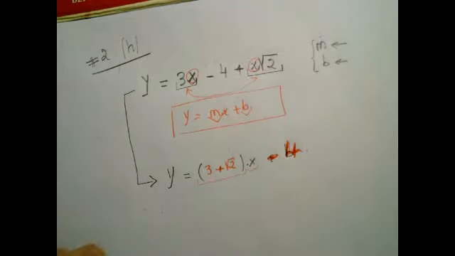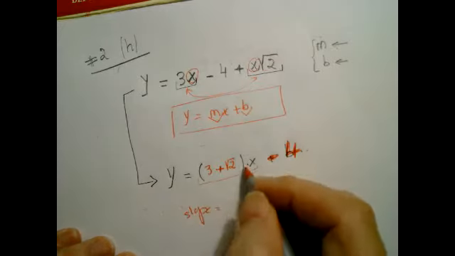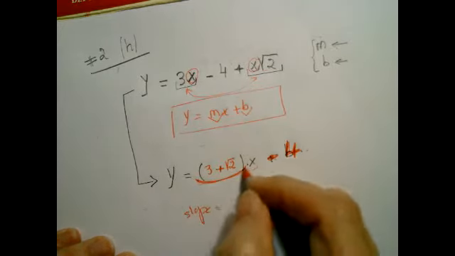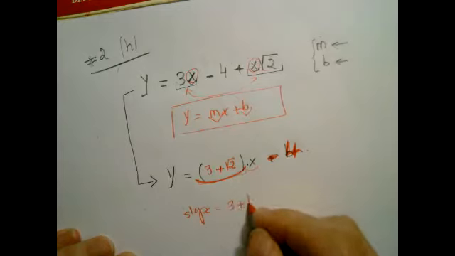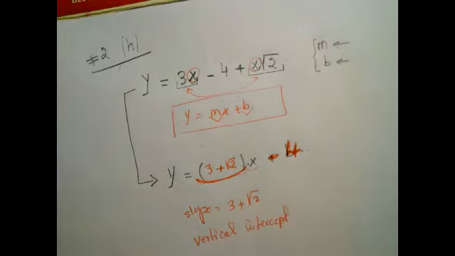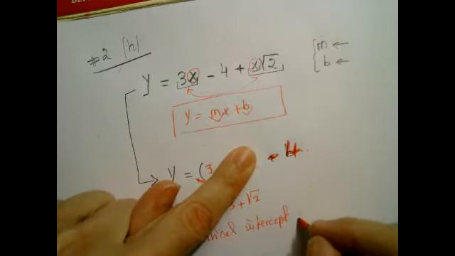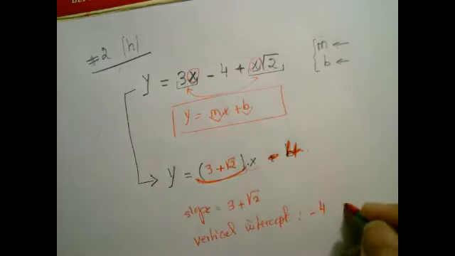So now what is the slope? The slope is what x is multiplied by. That's the slope. And the vertical intercept is what happens when x is 0. When x is 0, the vertical intercept is minus 4.